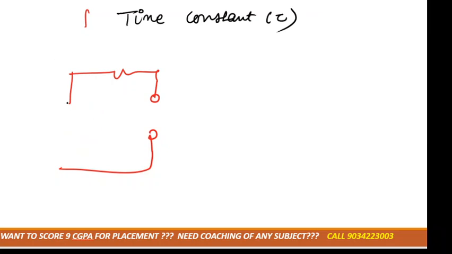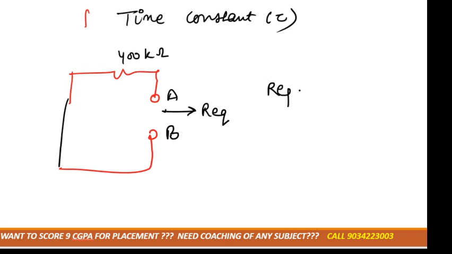So I am doing short circuited. We have to mark terminal A and B where resistance is connected. That would be R equivalent, and R equivalent here is 400 kilo ohm.